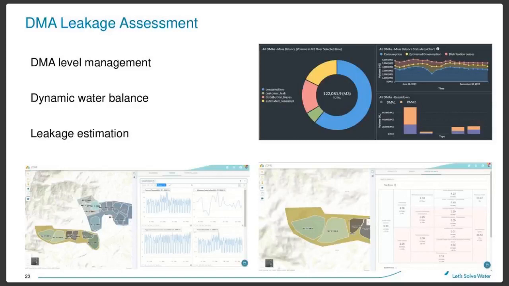And then also with this real-time data combined together, you can show trends on individual DMAs, and then also understand a traditional water balance that can be dynamically updated. So it's really about pulling all of those data sources together to be able to facilitate this and building up the analytics from a meter level all the way up to a DMA level.